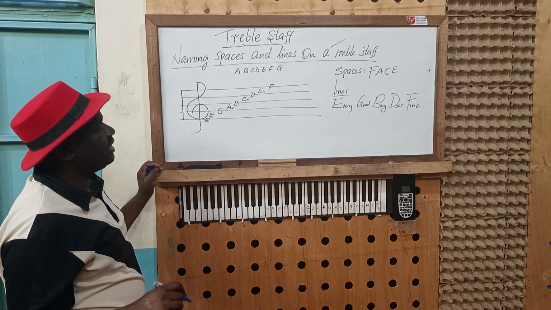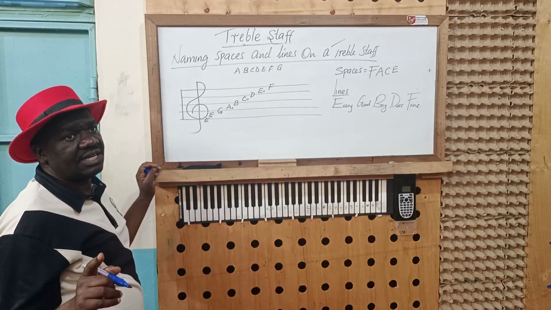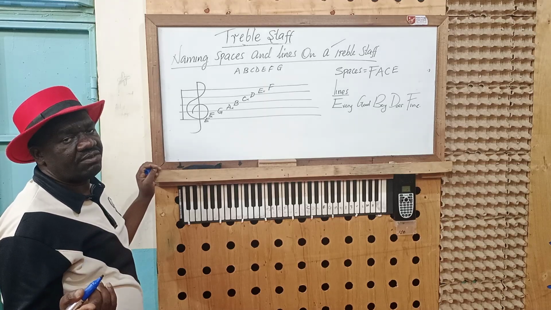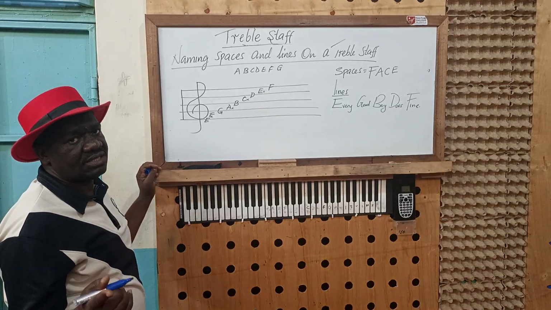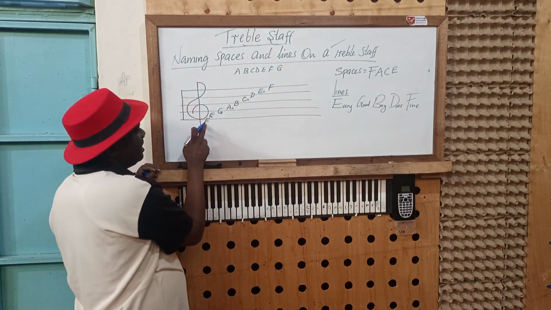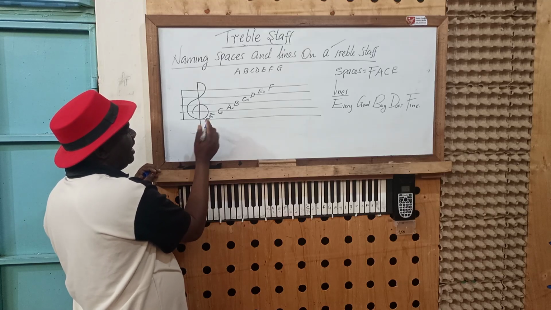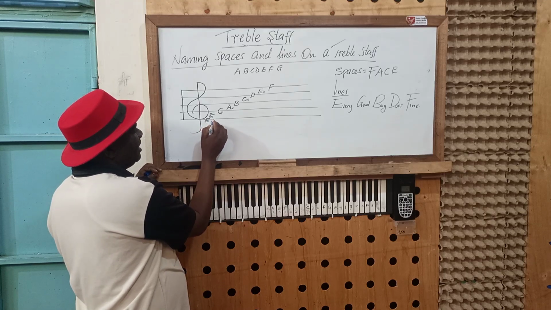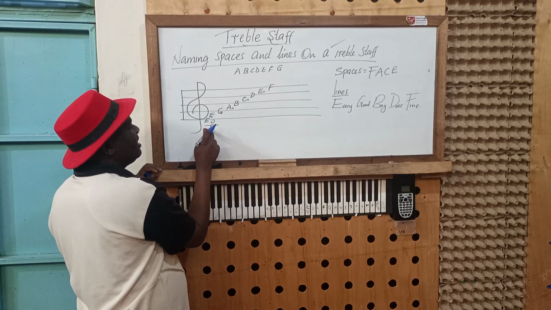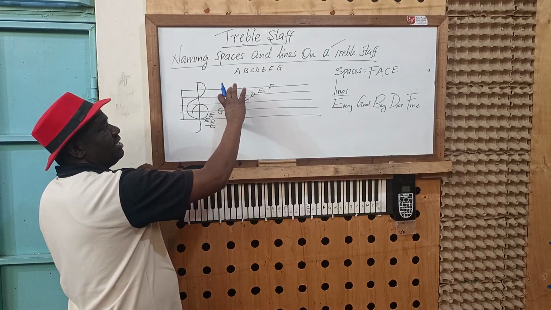The last thing I want to mention is the ledger lines. We say the ledger lines are short lines that are drawn above or below the staff to accommodate notes which are outside the staff. Now, remember, this is E. We may have a D here and a C. So this C does not appear within the staff.